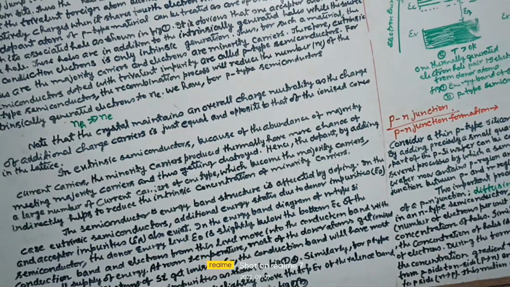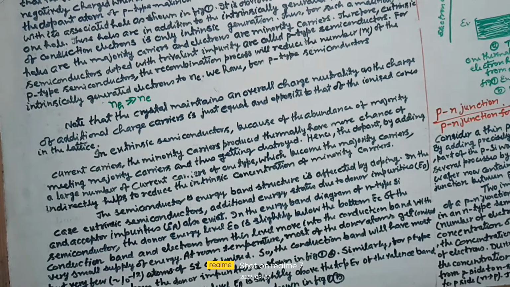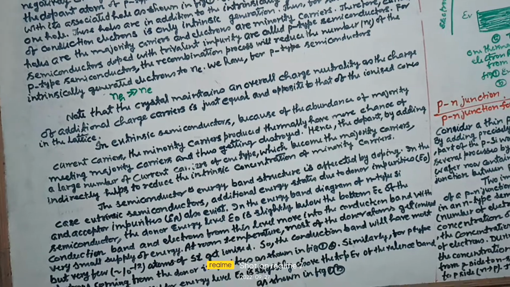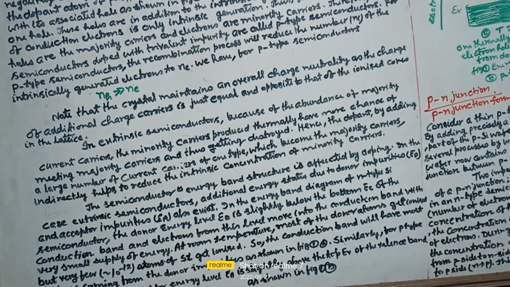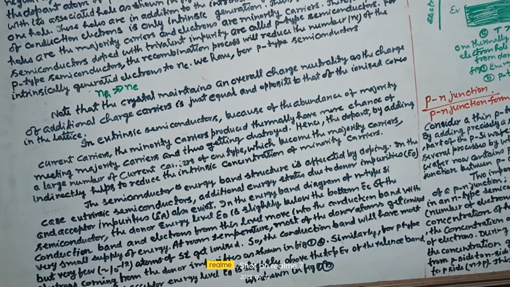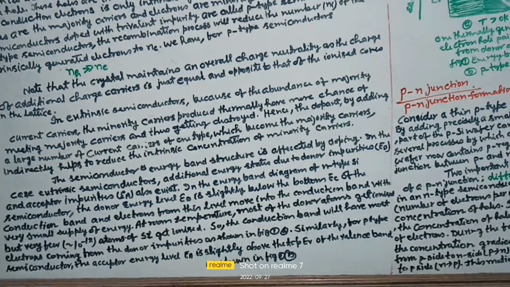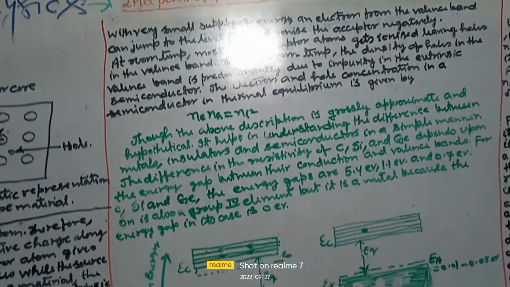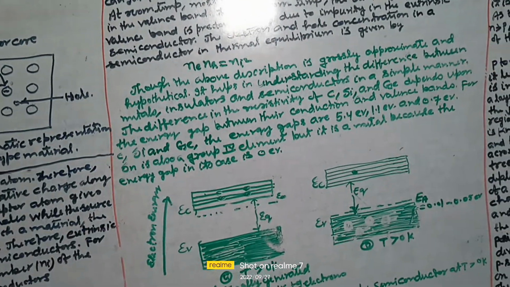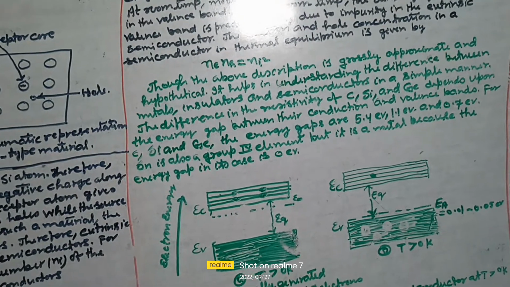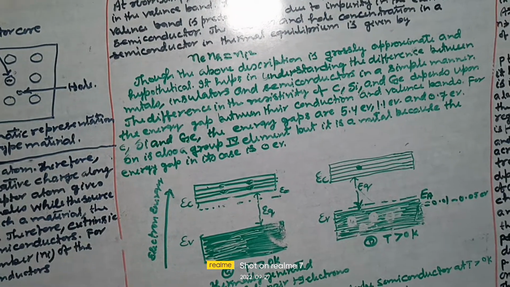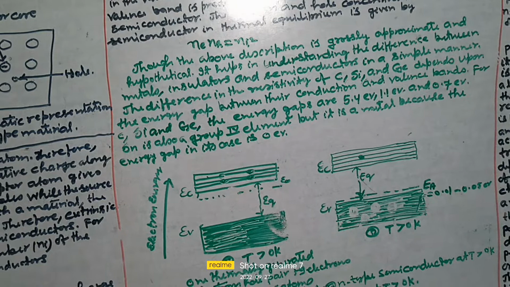Similarly, for P-type semiconductor, the acceptor energy level EA is slightly above the top EV of the valence band, as shown in figure 1b. Now, with very small supply of energy, an electron from the valence band can jump to the level EA and ionize the acceptor negatively.